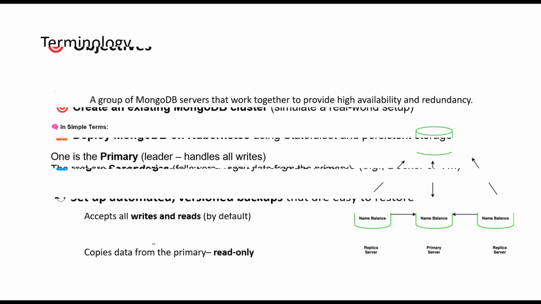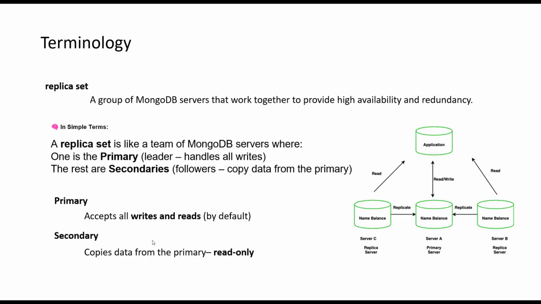Let's start. Before I start, let's get familiar with some terminology. Replica set: a group of MongoDB servers that work together to provide high availability and redundancy. In simple terms, a replica set is like a team of MongoDB servers where one is primary, we can say the leader of the team, and the rest are secondaries.